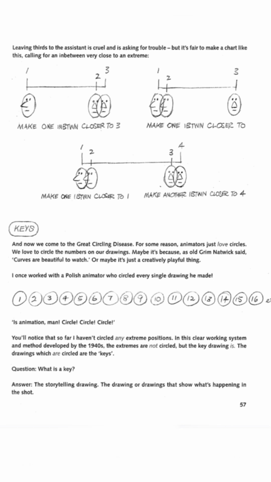And the second is an in-between, like I would say 90-ish% of the line, closer to 3. And 3 is in the far right. And the chart on the right says make one in-between closer to, I'm guessing, number 1. Number 2 is really close to number 1, like 10% I would say. Make one in-between closer to 1.